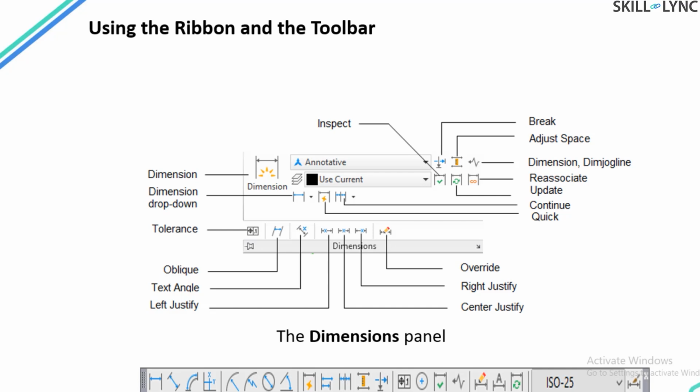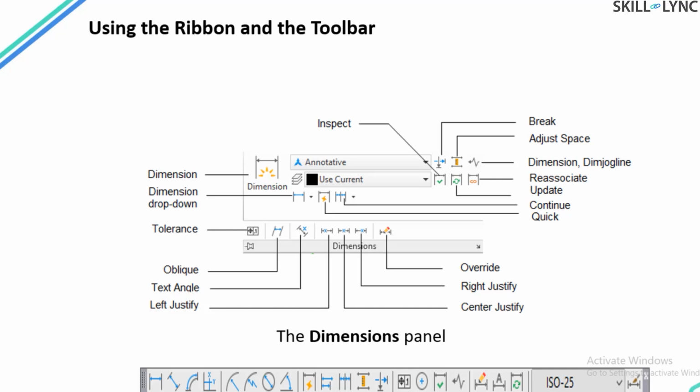So we want to break one line, that is the dimension line, so that it is visible there. So you can use a dimension break. And then you have this adjust space that we will discuss when we're doing continued dimensioning and baseline dimensioning. I will explain it just after this.